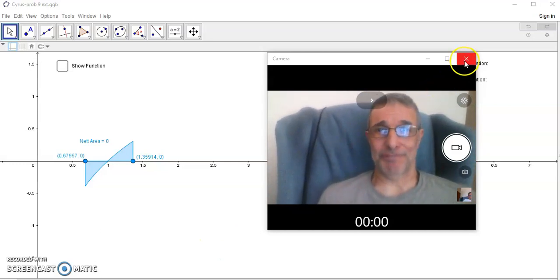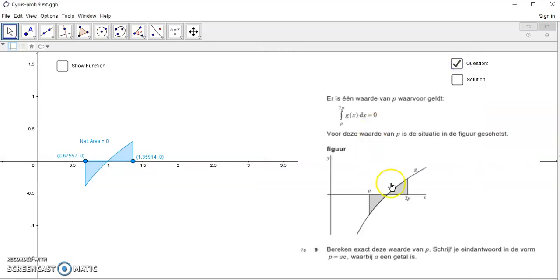Let's see the question. It says there is one value of p for which the following holds. Okay, that's what that means in Dutch. There's one value of p for which the following holds. And voor deze waarde van p is de situatie in die figuur geschetst.